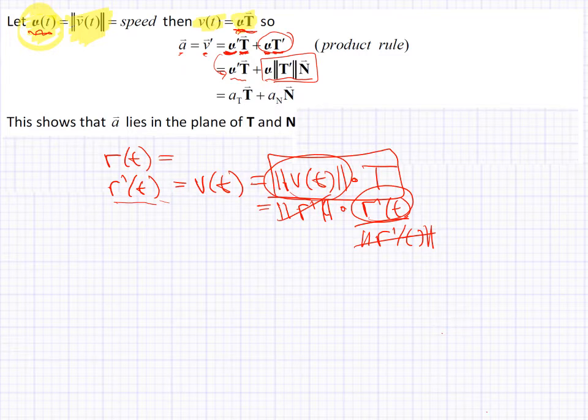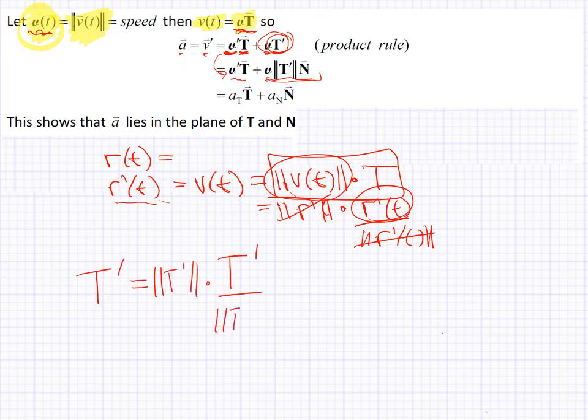Well, again, we're going to do the same concept of what we did previously. I'm going to take this T prime and swap it out for the magnitude of T prime times N. How? Well, I can write T prime as the magnitude of T prime times T prime over the magnitude of T prime, because this and this would just cancel each other out and still give me T prime.